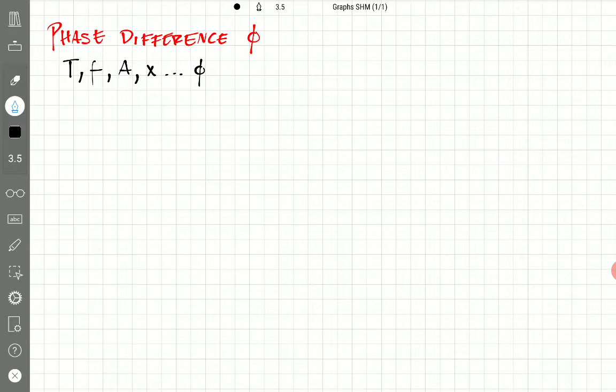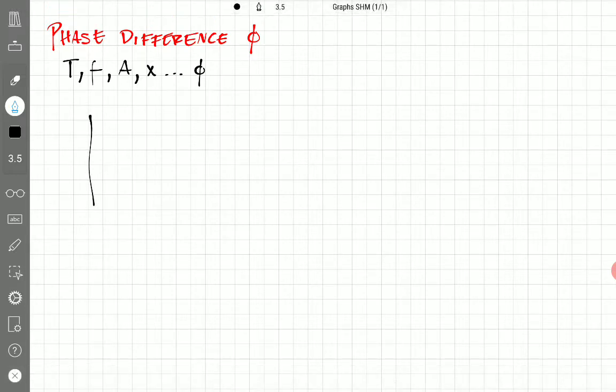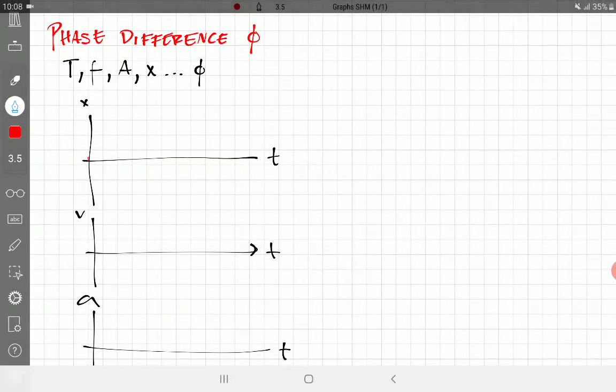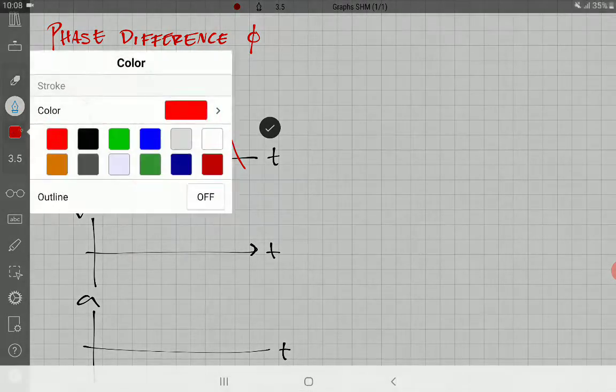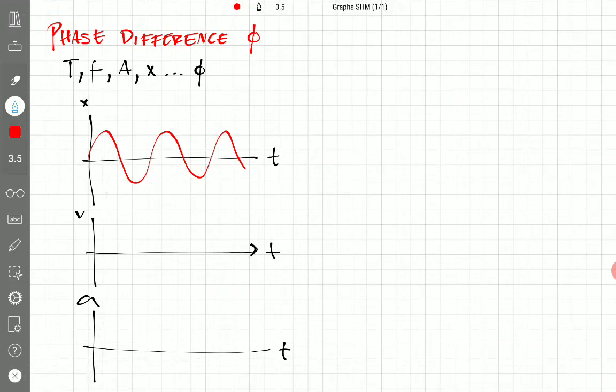Last week, and this is just a short parenthesis for those who missed or didn't get that, if you have the displacement time graph to be something like this, and you want to know what the next graph is, the velocity versus time, the trick we learned was you take this oscillation.